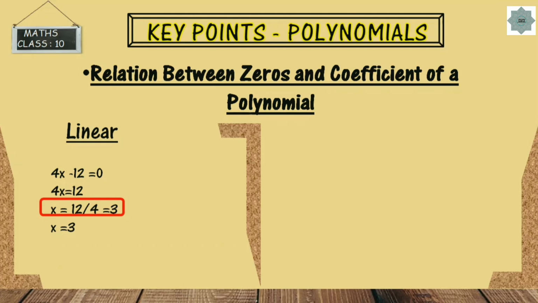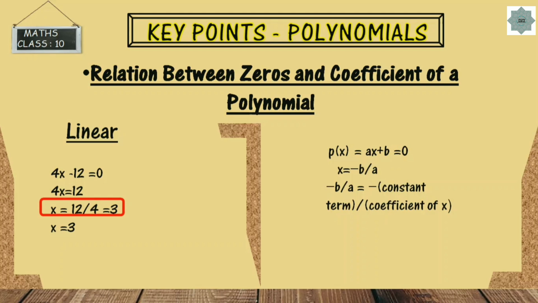From this, we can conclude that zero of a polynomial has some relation with the constant and coefficient of x. So if you have a linear polynomial in the form ax plus b, then x is equal to minus b by a, equal to minus of constant term divided by coefficient of x.